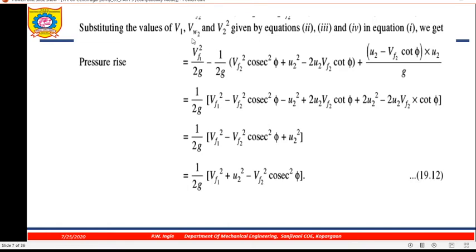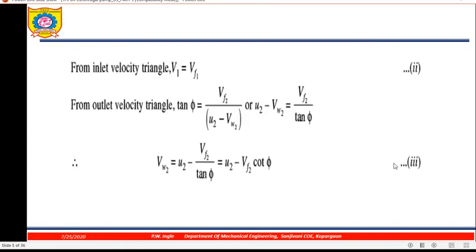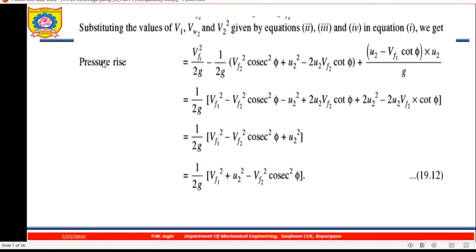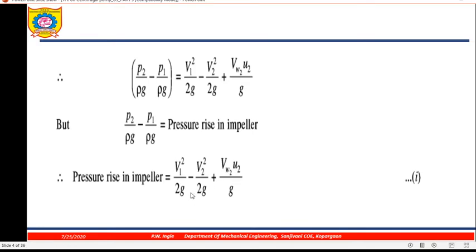Substituting the values of V1, Vw2 and V2 square given by equations 2, 3 and 4 in equation 1. So by putting values in the pressure rise equation, let us see equation 1: V1 square by 2g minus V2 square by 2g.